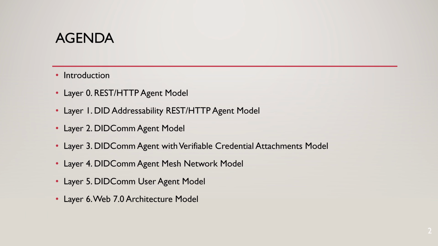So the agenda, after a few introductory slides, we're simply going to walk through the 7 layers of the Web 7.0 DIDComm ARM architecture reference model, and then using the TOIP 4-layer hourglass framework, show where each of the new elements introduced in each of the subsequent layers shows up in that TOIP hourglass framework.